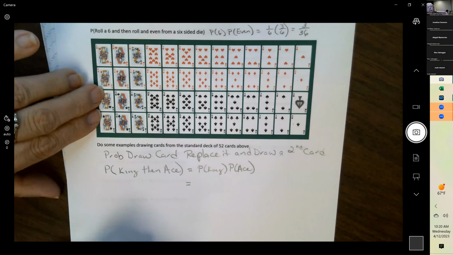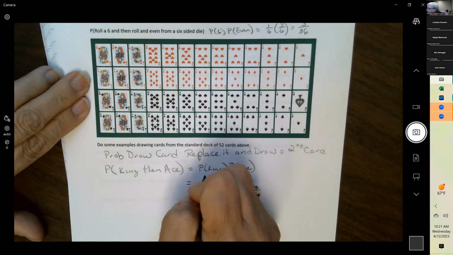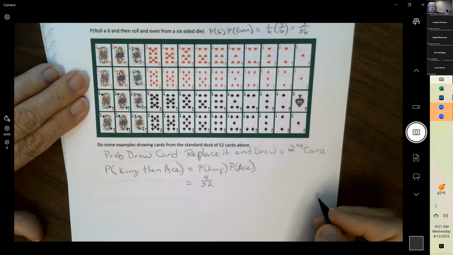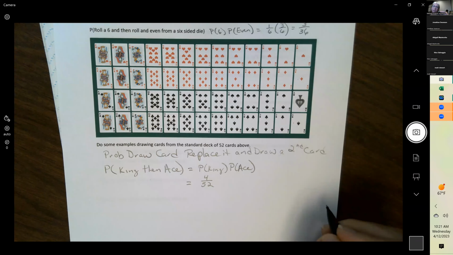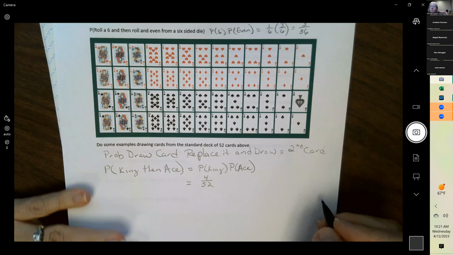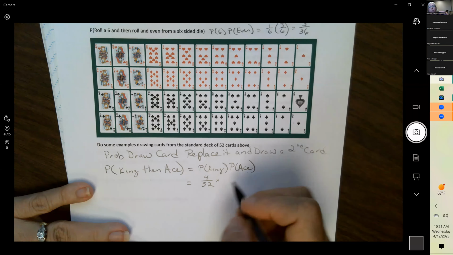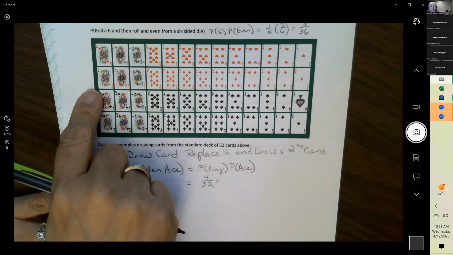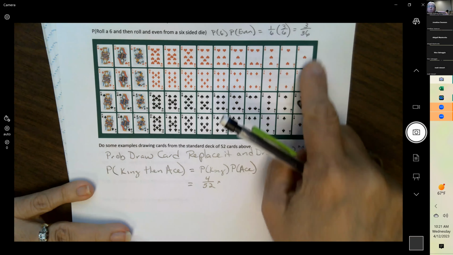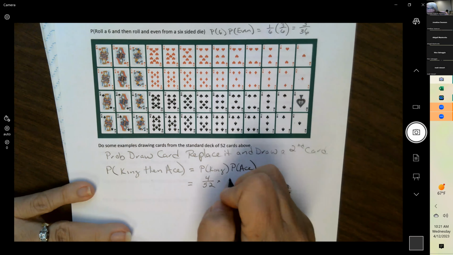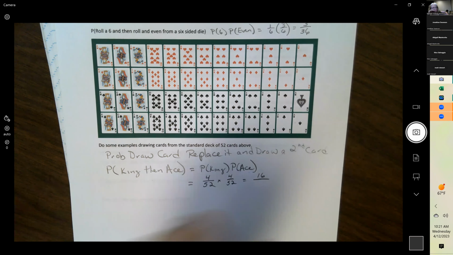These 4 on the end are the kings. 4 out of 52, because there's 52 cards. So the probability of pulling a king out of a deck is 4/52, times the probability of an ace. Well, that king that I pulled, I put it back. So it's 4 out of the 52 because there's 4 aces.